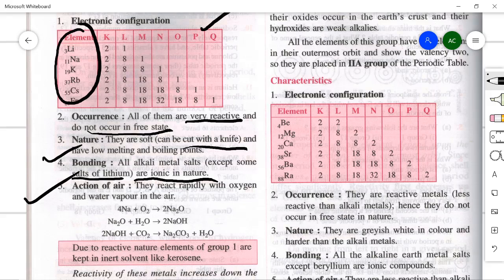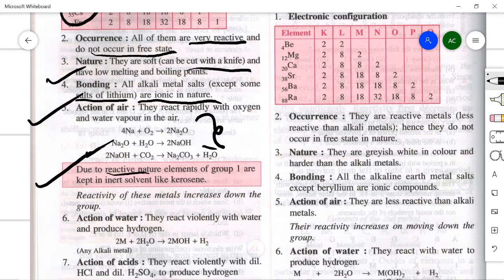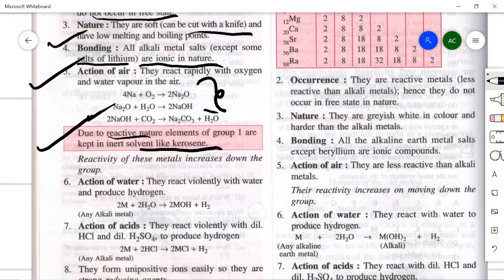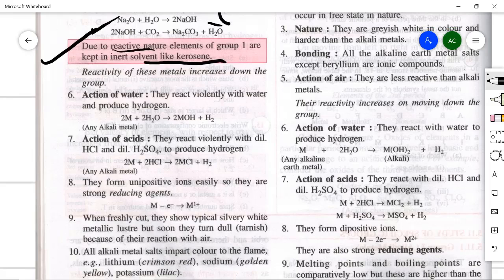What is the action of air? I have already told you, when it reacts with oxygen it forms metallic oxides, when it reacts with water it forms metallic hydroxide, and with carbon dioxide it forms metallic carbonate. Because they are very reactive, they are kept in kerosene, otherwise they will react with oxygen, carbon dioxide or water vapor. Reactivity increases down the group. With water they react violently to produce hydrogen.